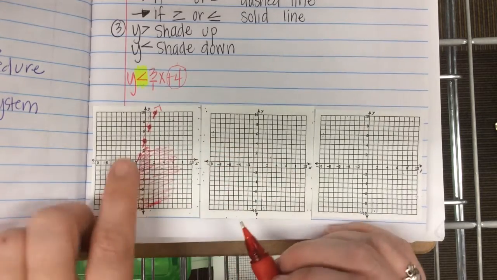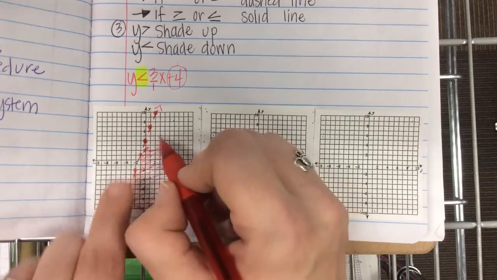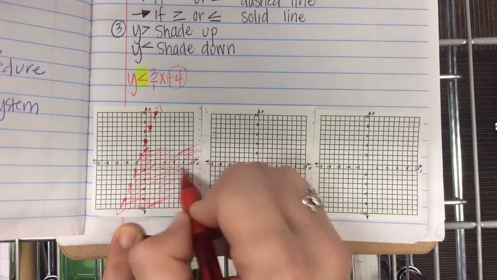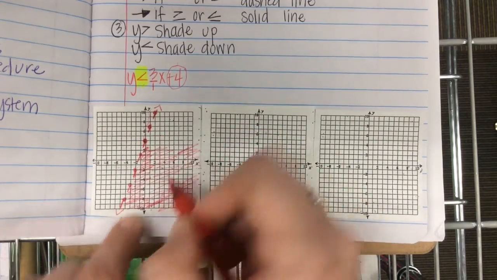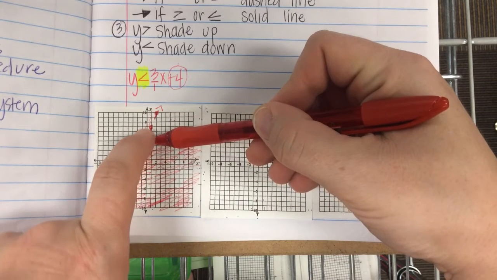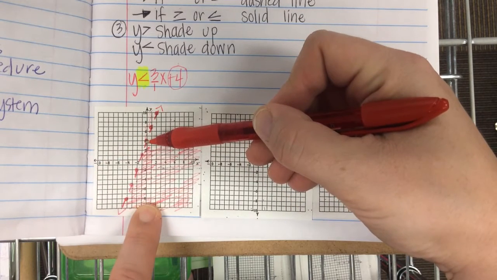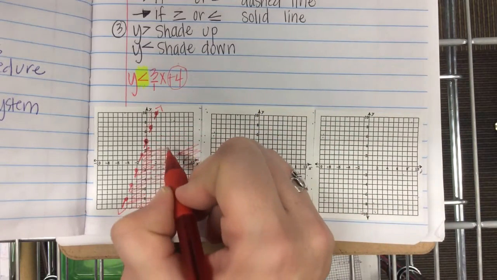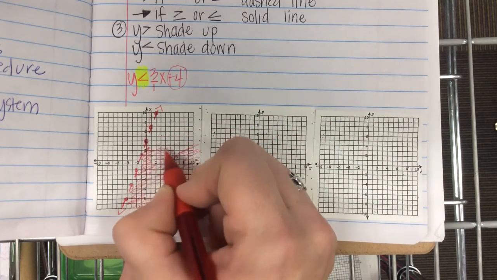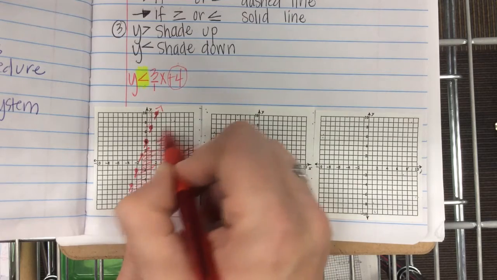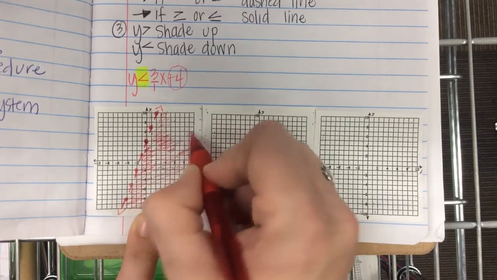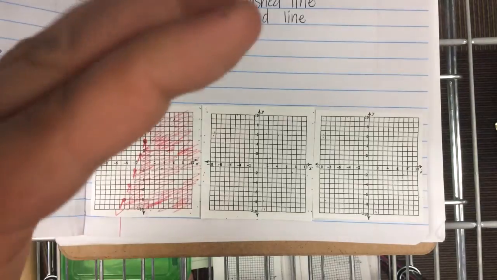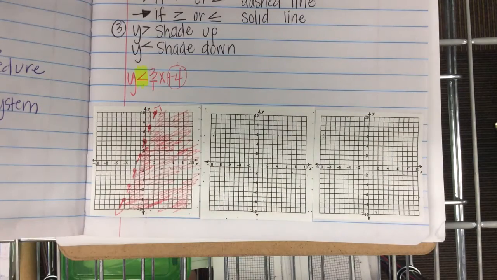And here's the tricky part, you guys. You're shading below, correct? Because y is smaller. And where does y get smaller? Down here. Going down. This is where it gets confusing. You're shading right here also. This is not above the line. This is on the bottom side of the line.